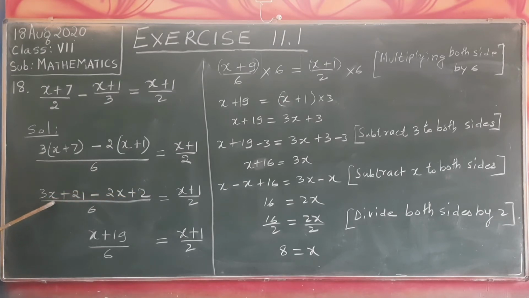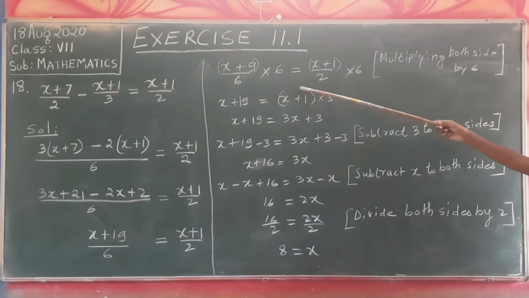Now in the numerator we will get 3x plus 21 minus 2x plus 2 upon 6, and the right hand side will remain as it is. Now x plus 19 upon 6 is equal to x plus 1 upon 2 we will get.